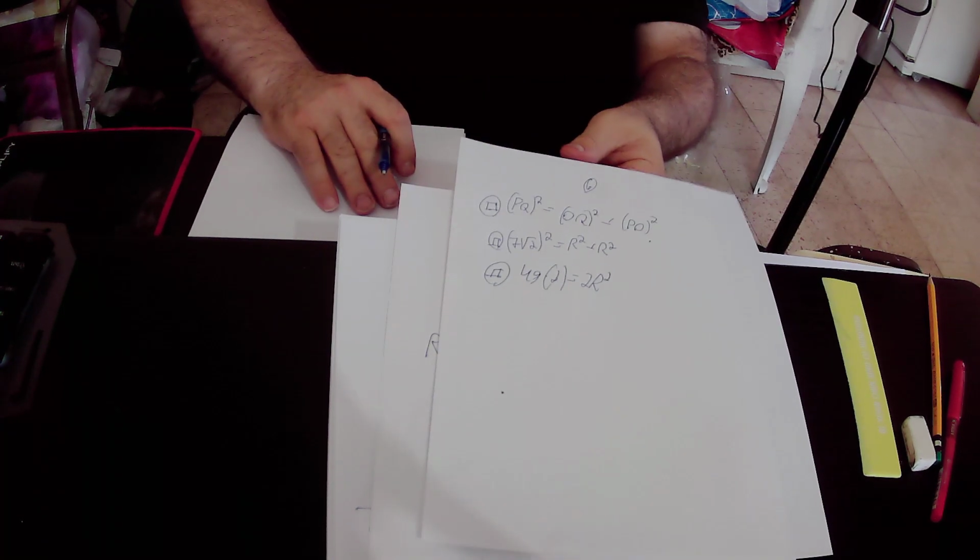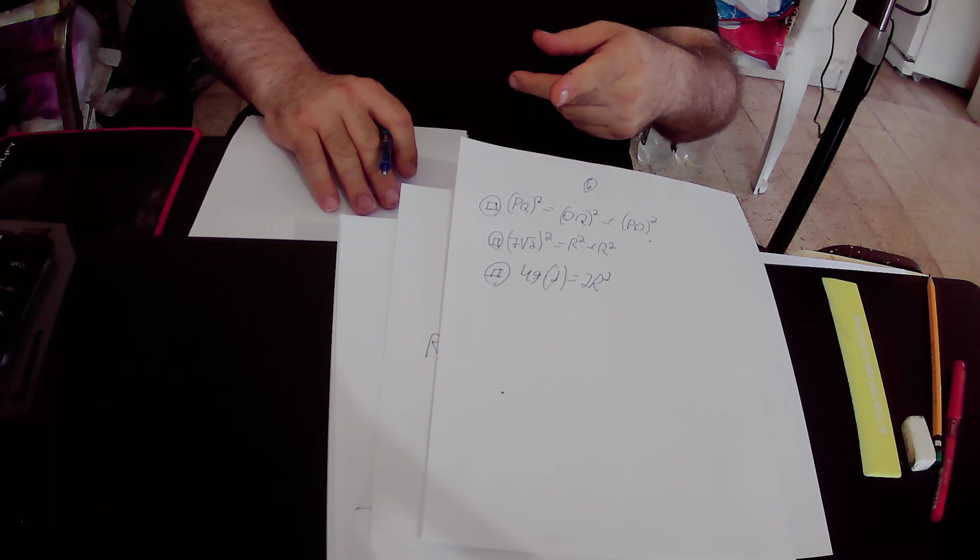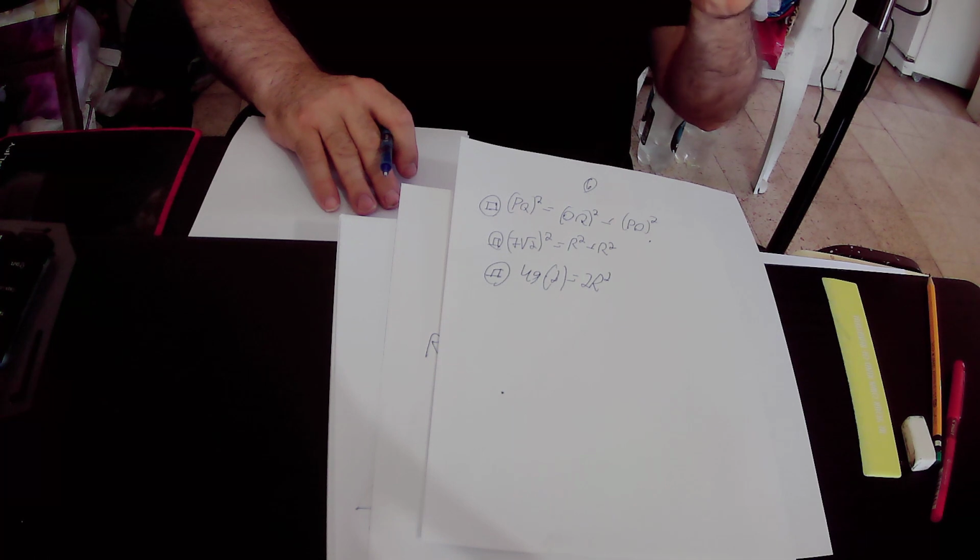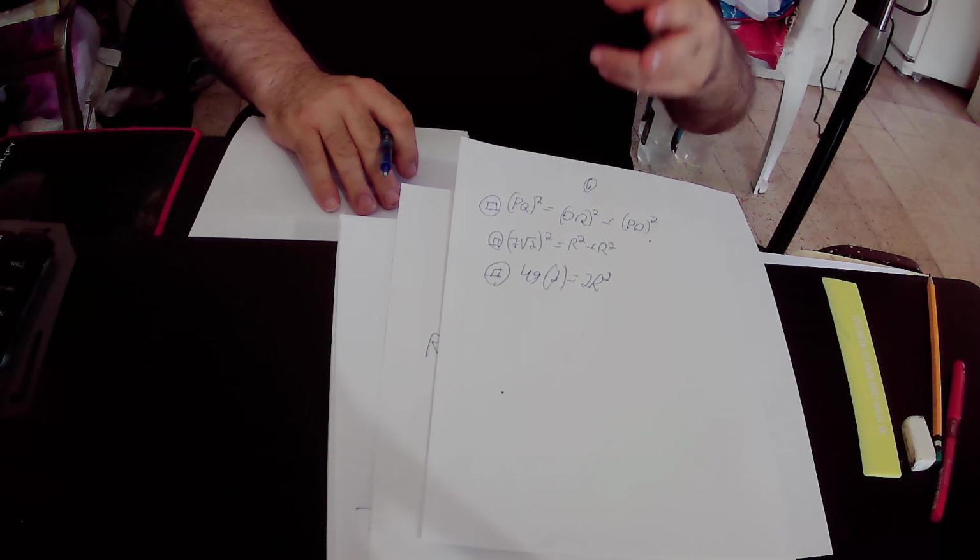Okay, 7 root 2 square is 49 because 7 square equals 49, and root 2 square equals 2, and R square plus R square equals 2 times R square.